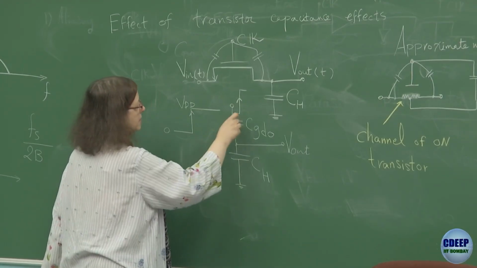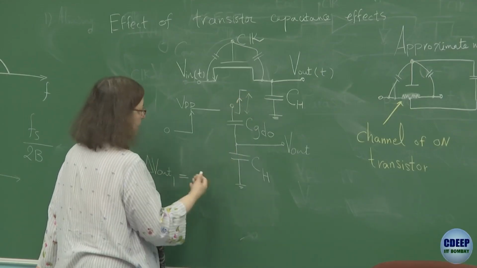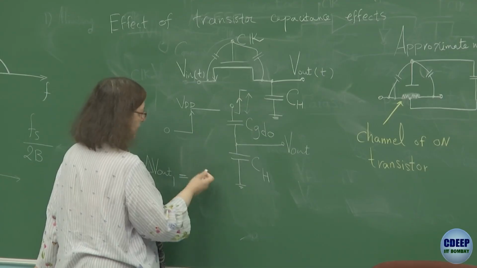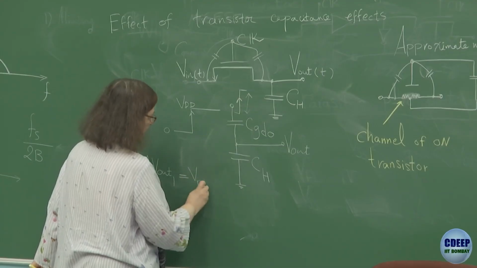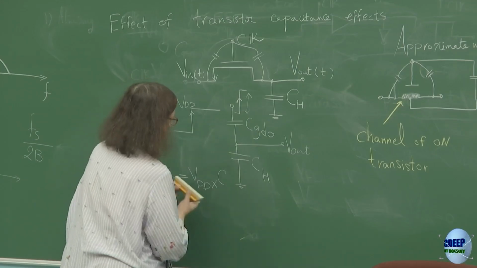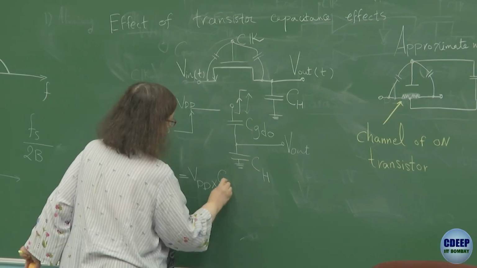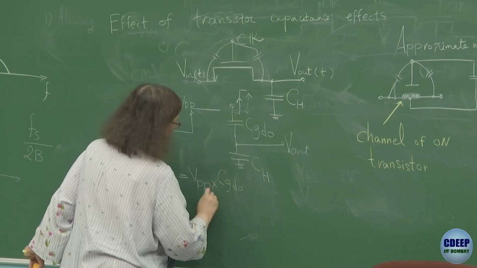How much is this delta V? So it is VDD, right? So this delta V, which is VDD, will get divided. So therefore, the value will be given by the capacitive division.